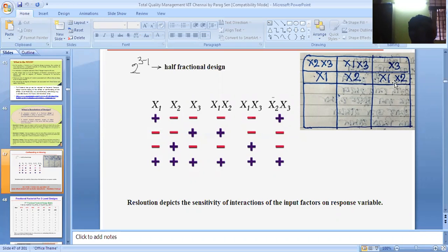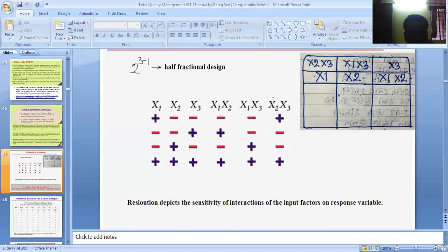So the problem is that for the change in the response variable that you see, you won't be able to understand whether it is because of the factor x3 or the interaction effect of x1 and x2, because sometimes the interaction effects are strong, or really have a significant effect on the response variable.